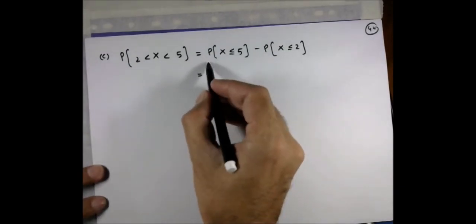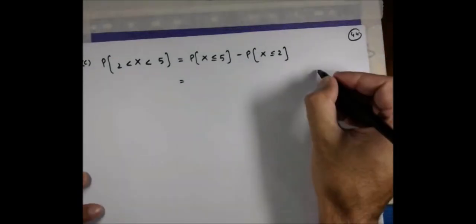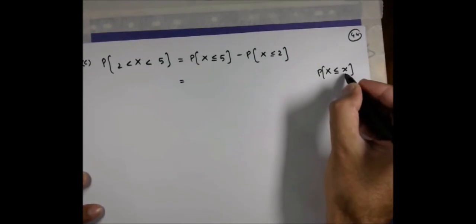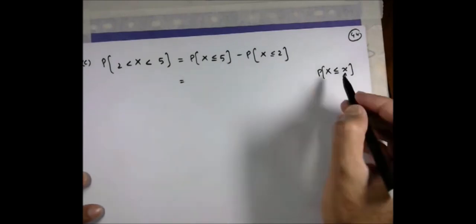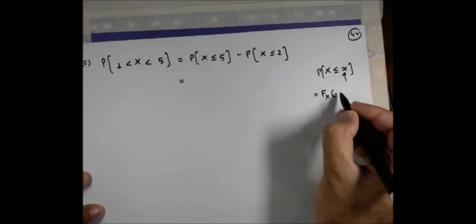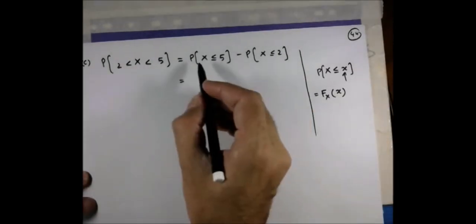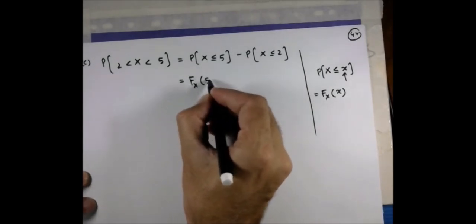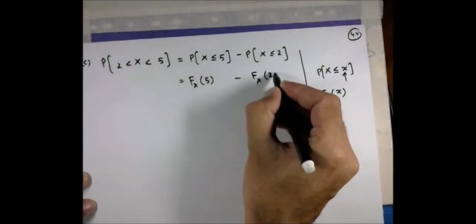So now you see this is nothing but an expression something like this: probability that x is less than or equal to some x, but this x is now 2 in this case and 5 in this case. But you know, I can always write this as f sub x at x, which means the CDF. So this is nothing but the CDF of x at 5, and this is nothing but the CDF of x at 2.